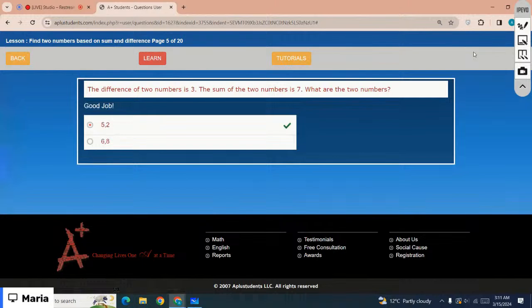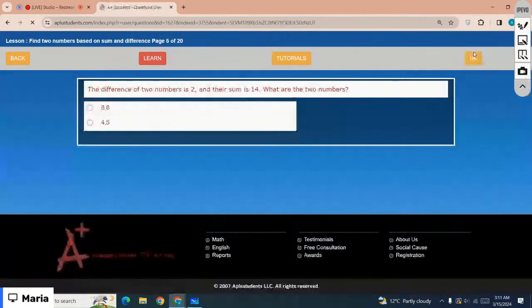Okay, the next one is the difference of two numbers is 2 and their sum is 14. What are the two numbers? So which two numbers when added make 14 and when subtracted make 2?